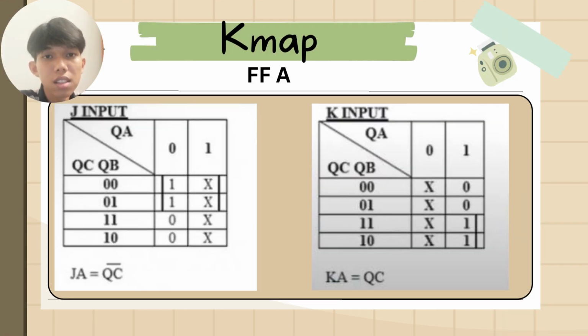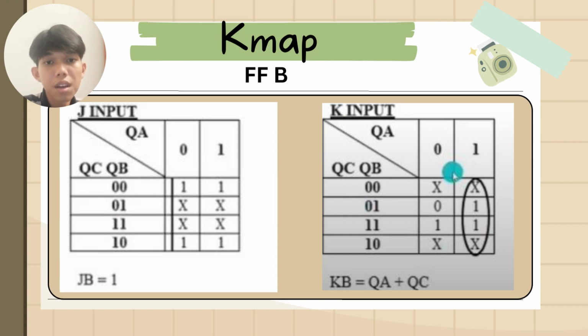So this is our K-map. For FFA, we get our Boolean expression: J input is QC bar and K input is QC.